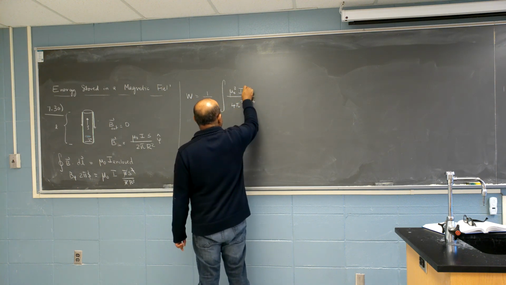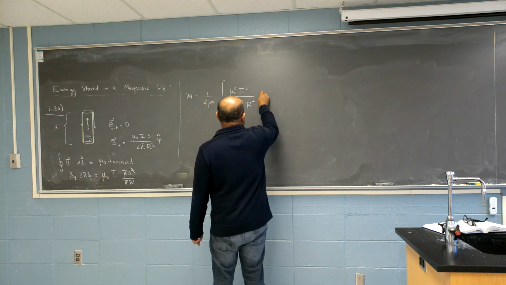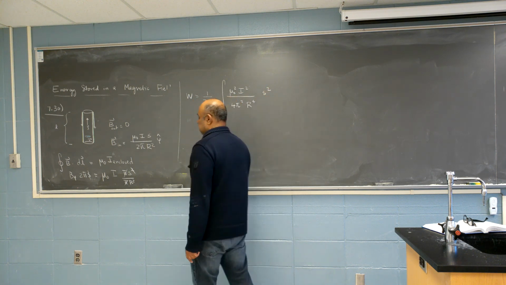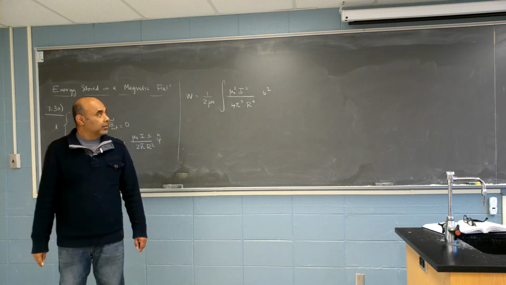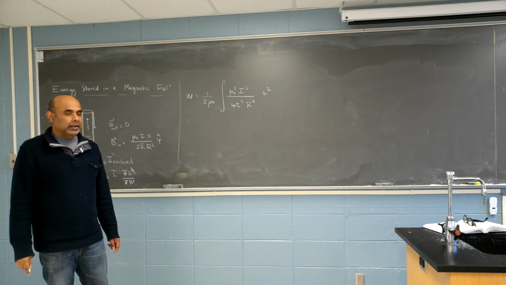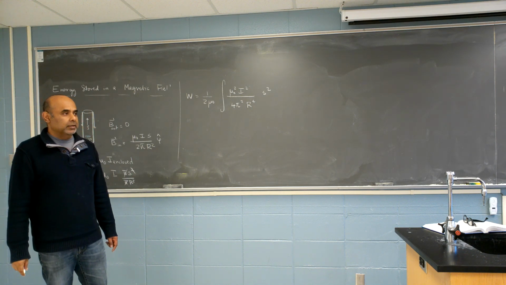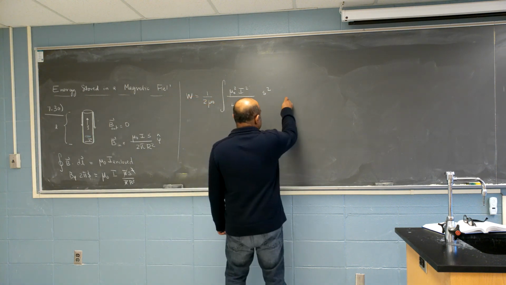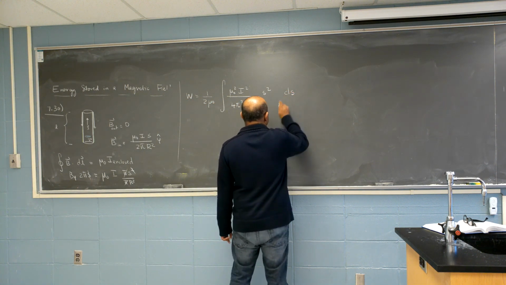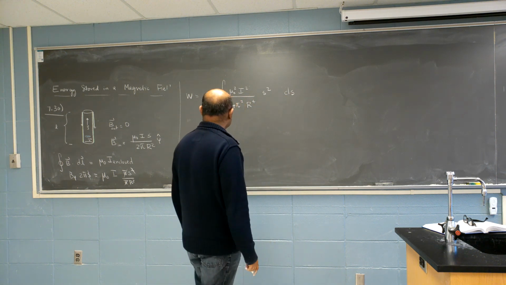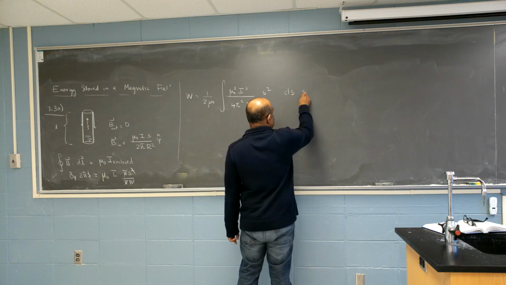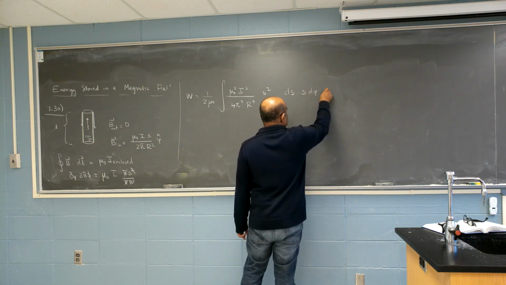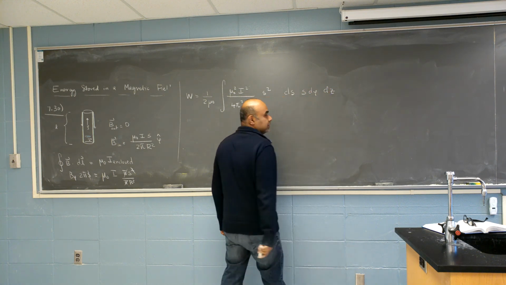Oh, this is I squared. Then I have s squared. What's my volume integral in cylindrical coordinates? I have ds, then I have s d phi dz.